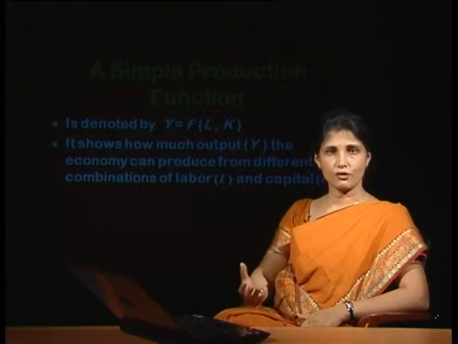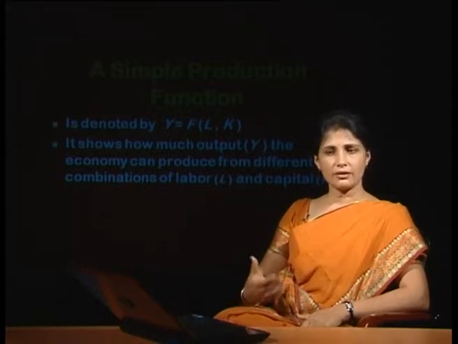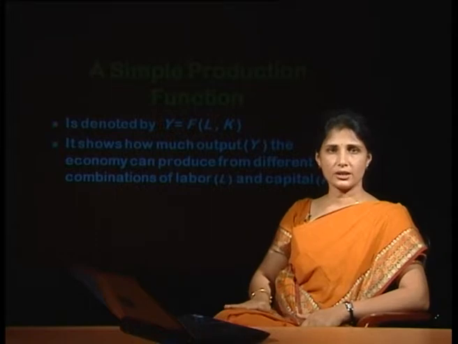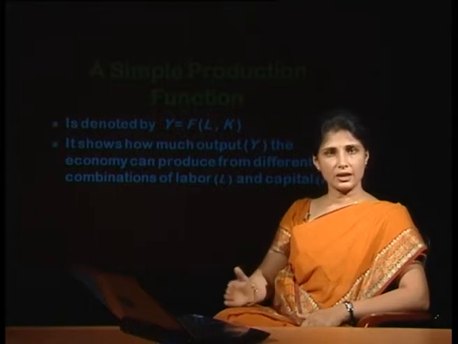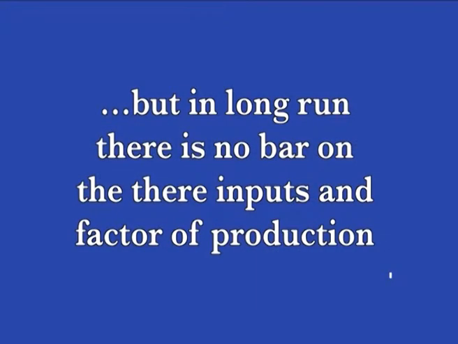Here Y is the maximum output produced, L denotes labor and K denotes capital. When we talk about this production function, in the short run we keep a bar on K to show that capital is constant and labor is increasing unit by unit on that fixed factor of production. But in the long run there is no bar on these inputs and factors of production.